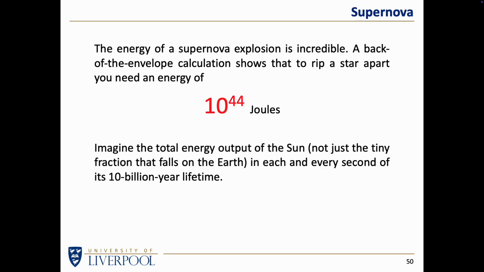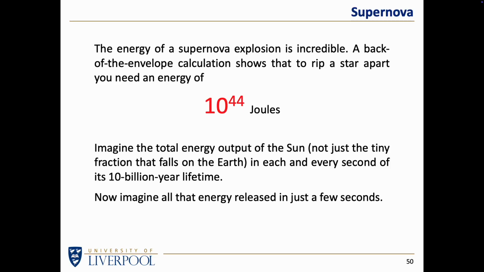So you can see that it is truly enormous. If you imagine 10 billion years worth of energy released in a few seconds, you realize that calling it an explosion, that word in English just isn't enough to get across just how much energy is being released in such a short time.